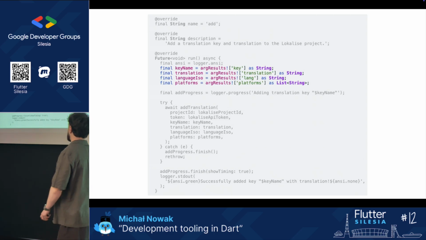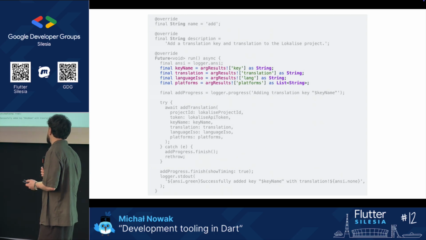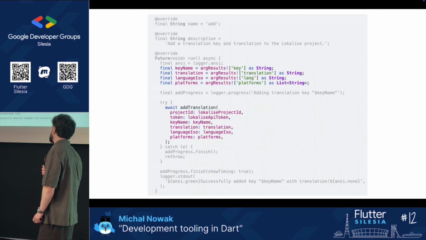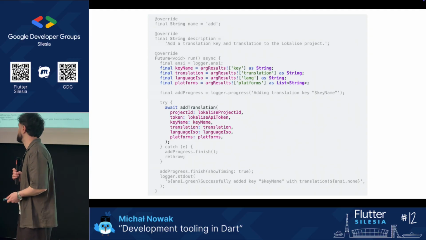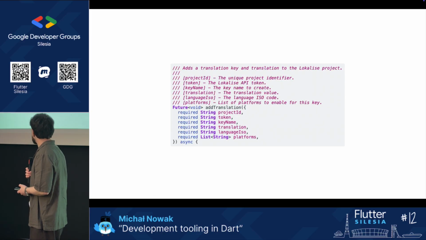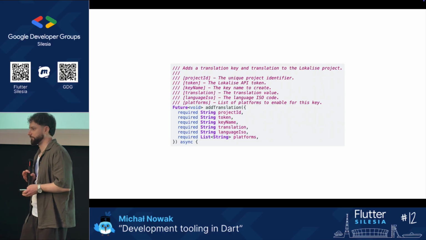So we can parse them out of the arg results and cast them into the correct types, and use the methods which just call some API endpoint there. Again, AI to the rescue, won't bore you with that one.